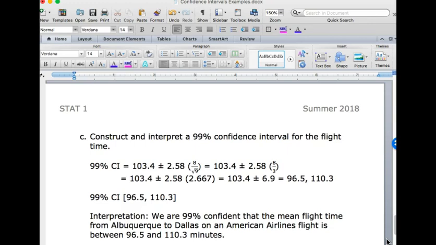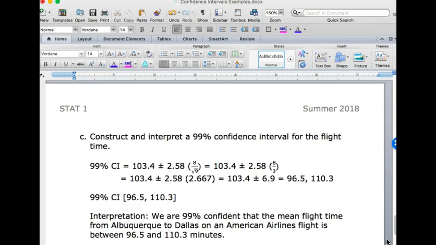So the 99% confidence interval, now the numbers stay the same except for Z critical, right? Z critical for a 99% confidence level is 2.58, okay? So here's our formula. 103.4 plus or minus 2.58 times 8 divided by the square root of 9.